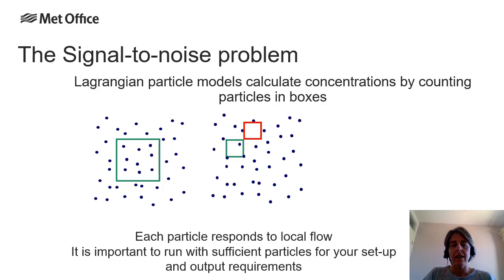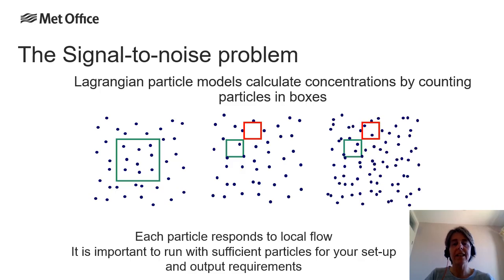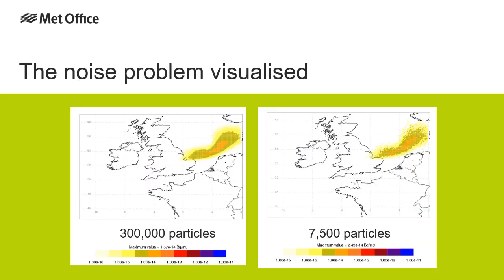If we take smaller output grid boxes, then we may suffer from an issue known as noise, in which there are very few particles within each model grid box. We may need to increase the number of particles if this is the case. Here is an illustration of noise in a Lagrangian particle model.